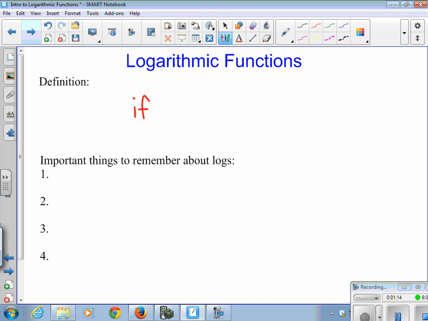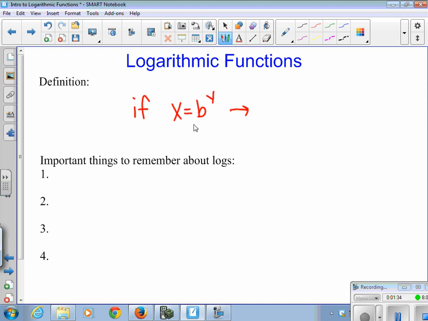If I have x equals b to the y power, then the logarithmic form of that, so logs and exponentials are really, really closely related. If I have this as an exponent, then I can rewrite this as a log.